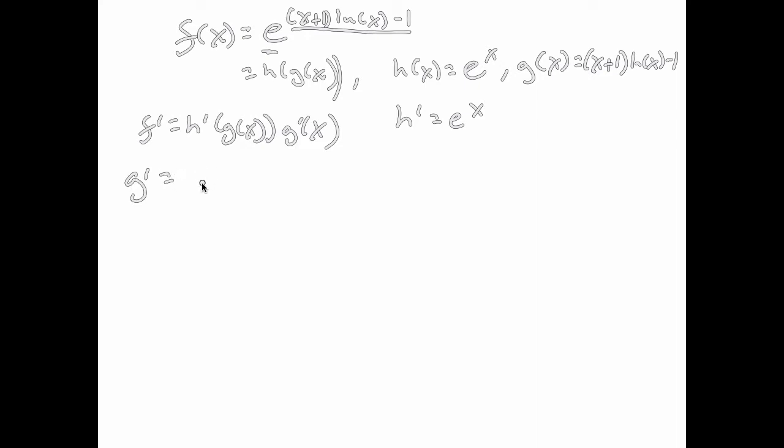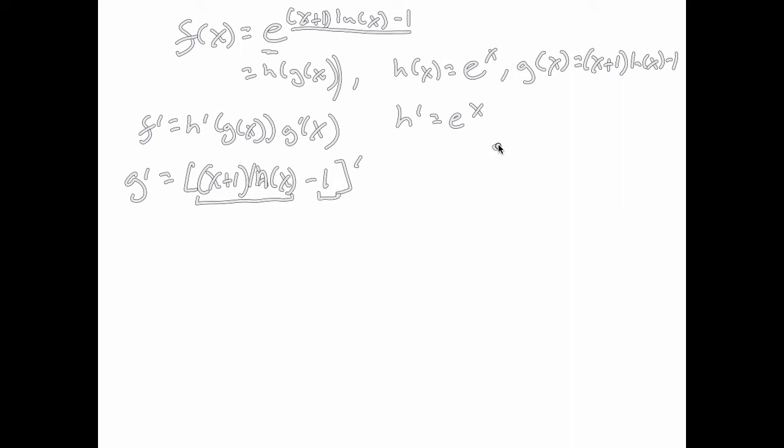To get g prime, we have to use a few rules. Now g prime is going to equal the derivative of, and I'll write this out in detail, x plus 1 natural log of x minus 1. The first rule we're going to use is that the derivative is a linear operator. So we can split up this derivative into two pieces.